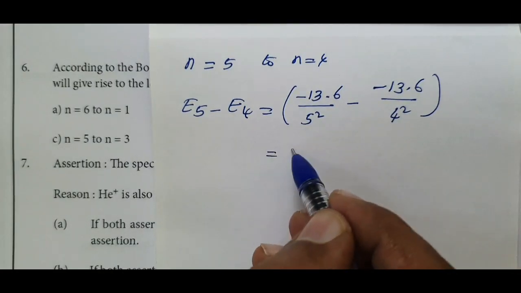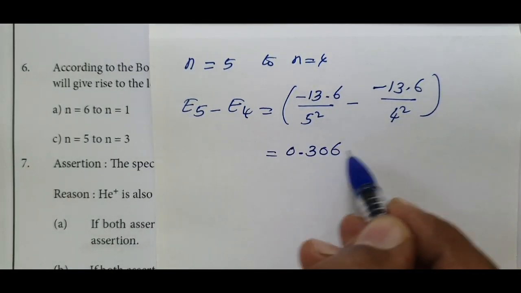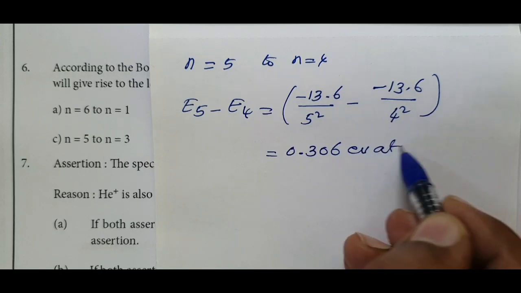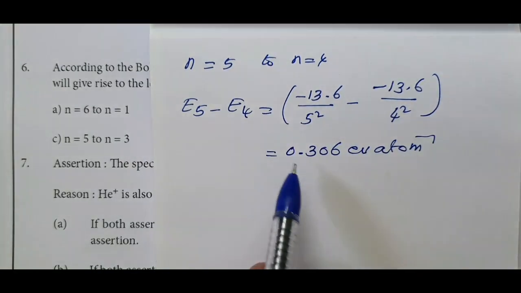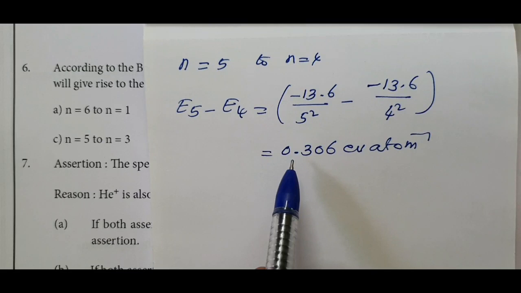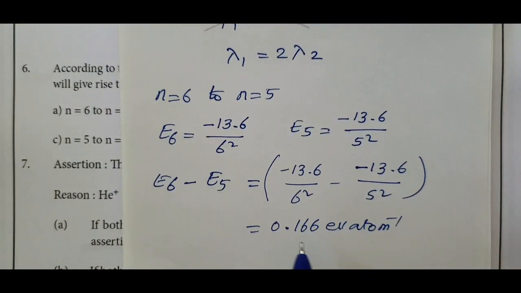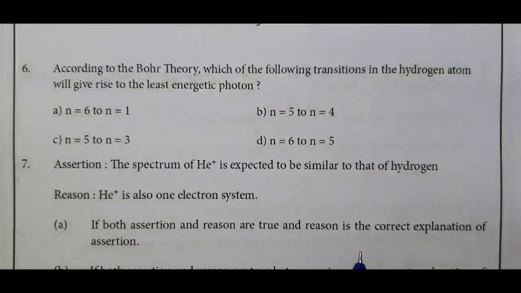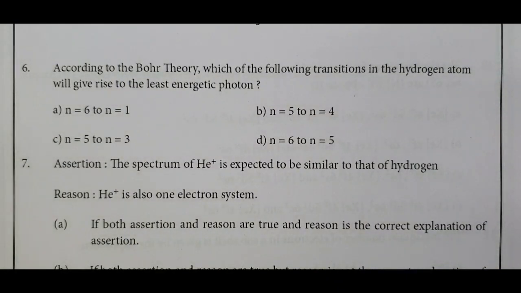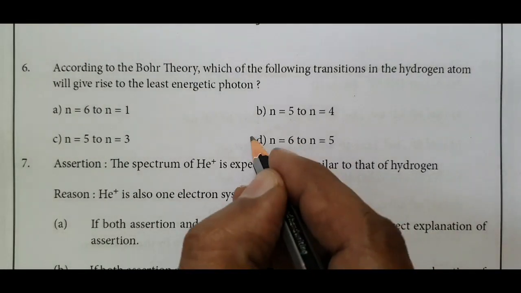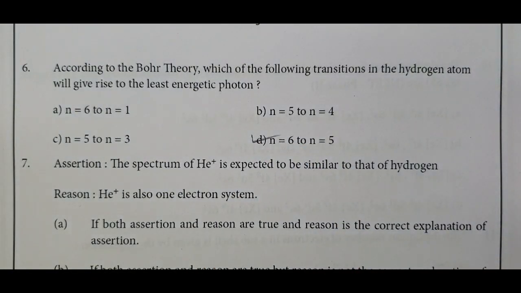When you solve this, you will get 0.306 electron volt atom power minus 1. When we compare this with the E6 to E5 value, this is the lowest energy value. So the answer is n equal to 6 to n equal to 5 is the correct answer.